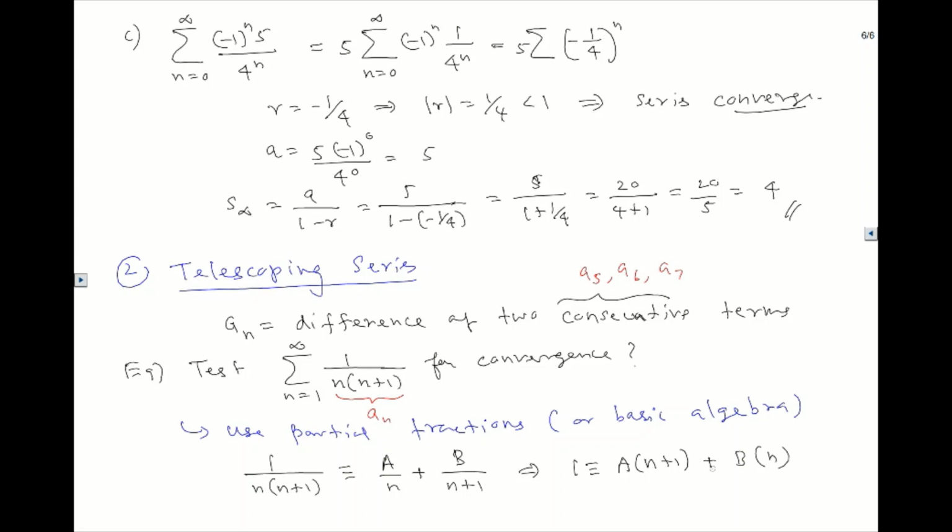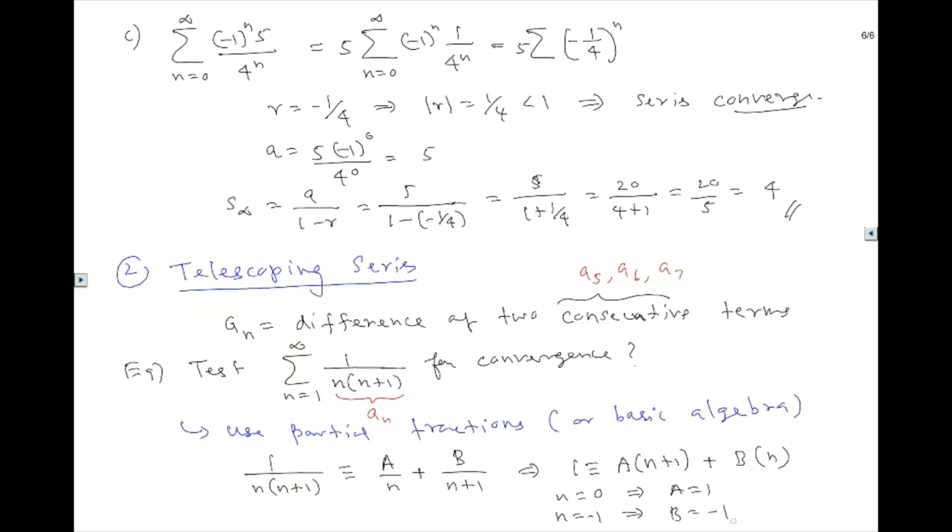Now we plug in. When you apply n equals 0, what happens? You get a equals 1. When you apply n equals -1, you get b equals -1, as expected.